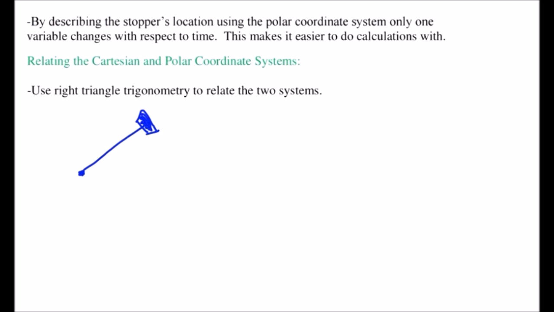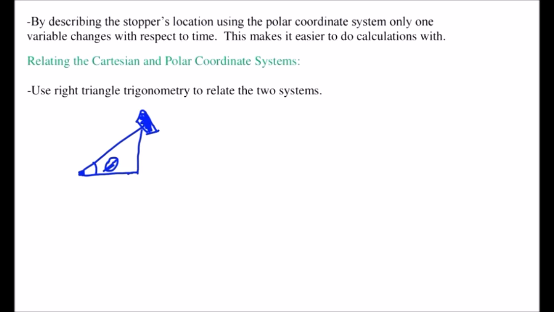Now what we're doing here is a best estimate. It's not really going to be exact, because when that stopper is going around the circle, it's actually in an arc. It's not doing a perfect triangle like what I'm drawing here. So it's going to be a little bit different. But we're going to say that it is definitely making an angle. Between any two positions on that arc, there's an angle between the two positions. Does that make sense to everybody?